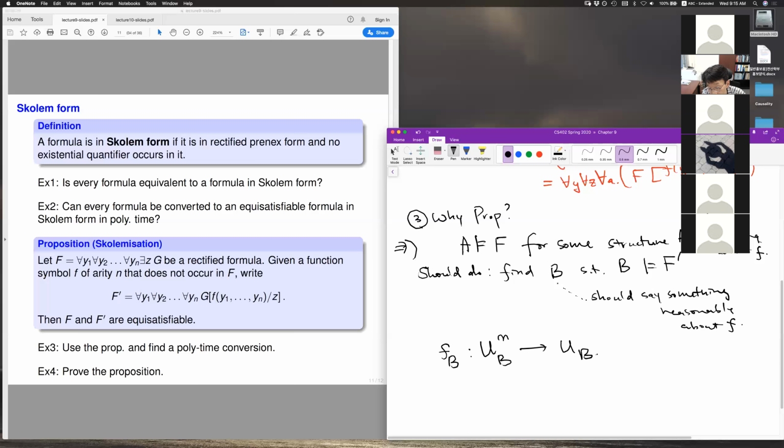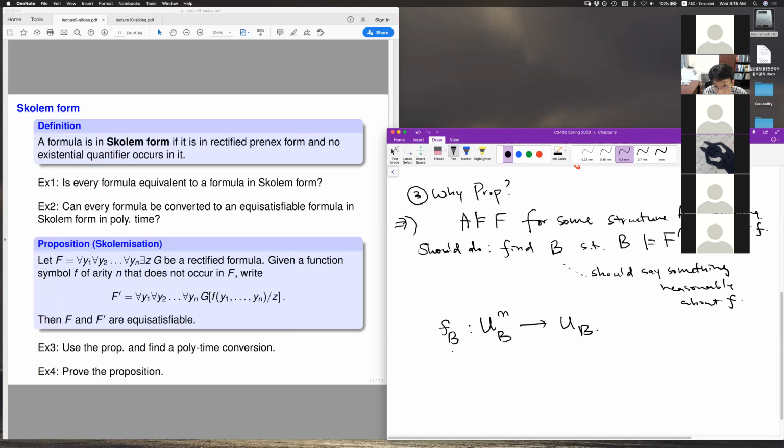And now when we define B, we define B just like A, but we add the interpretation of f by mapping it to f_B, which we will define.